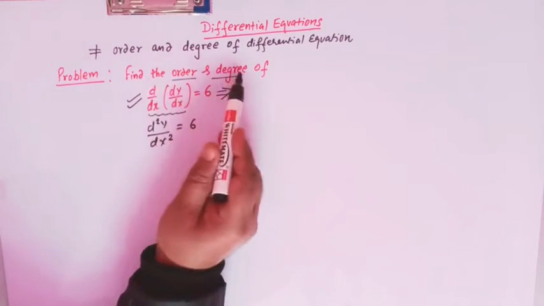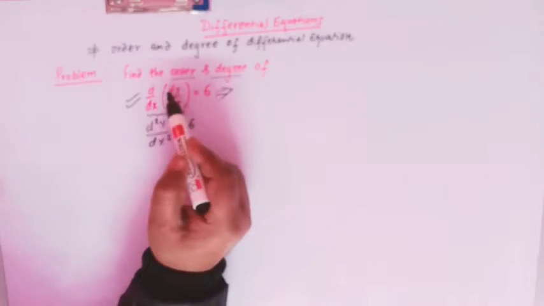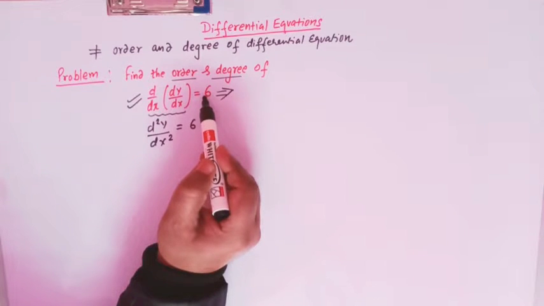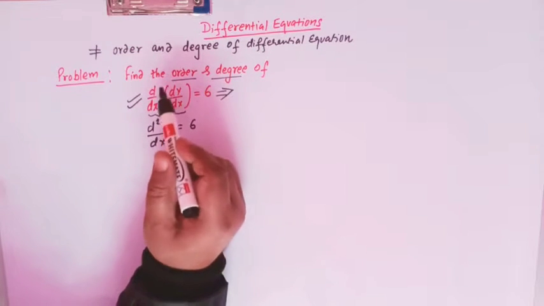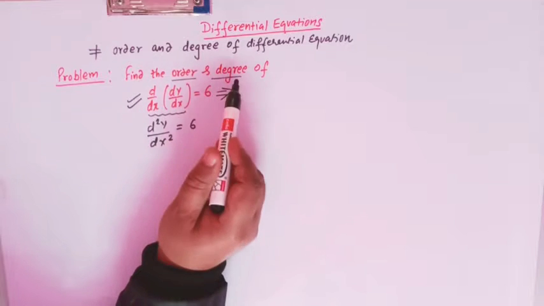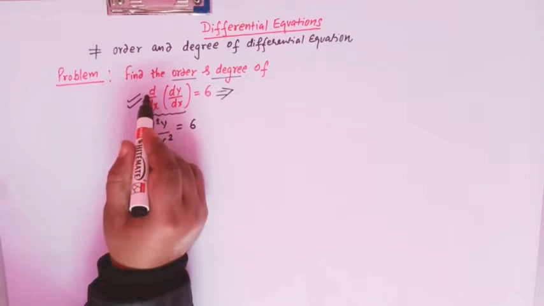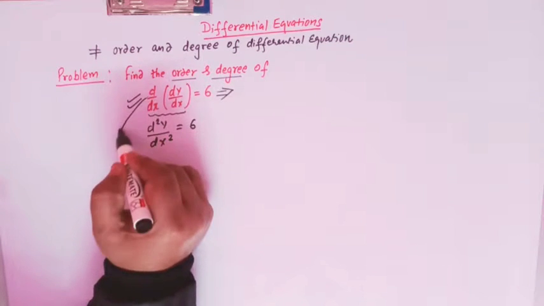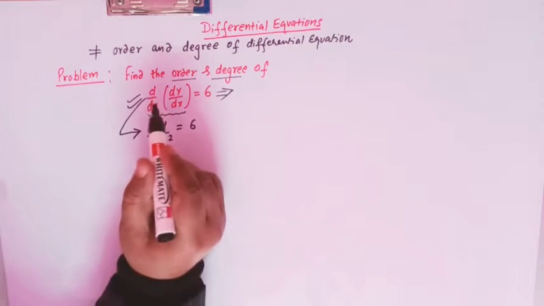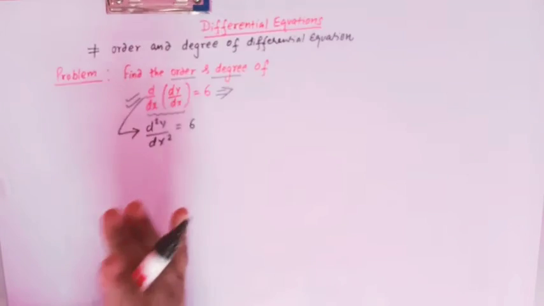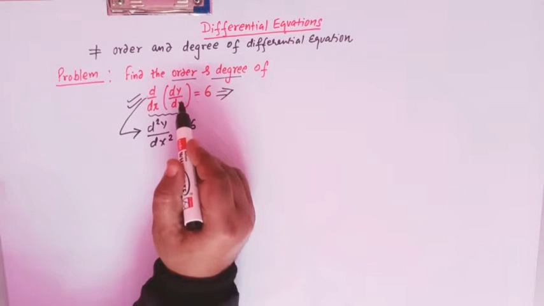So here the original problem is given like this: find the order and degree of this differential equation. Before finding the order and degree, we have to first write this differential equation in this form, right? This is the most important step.